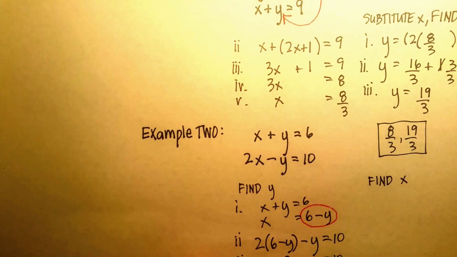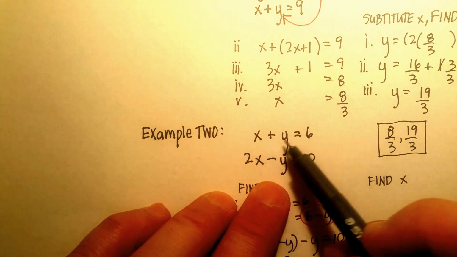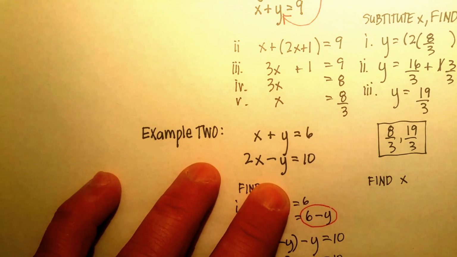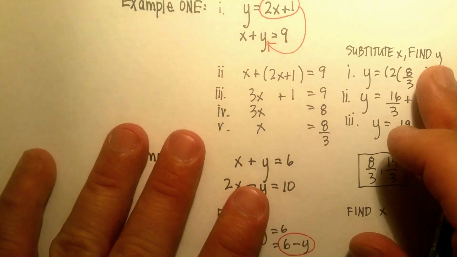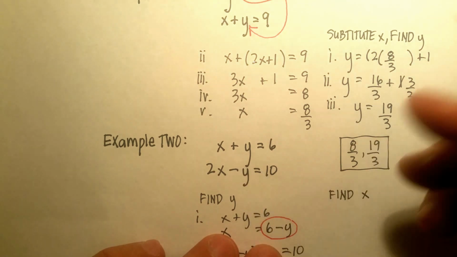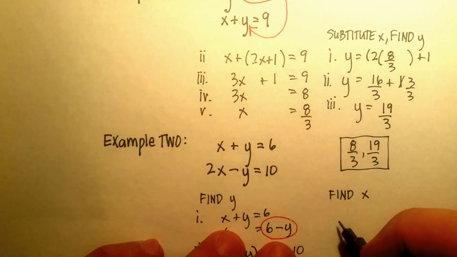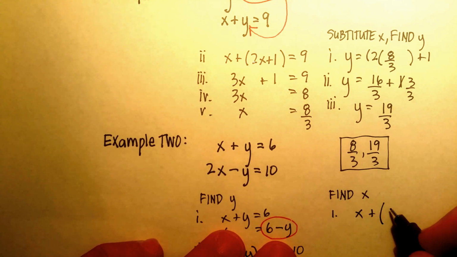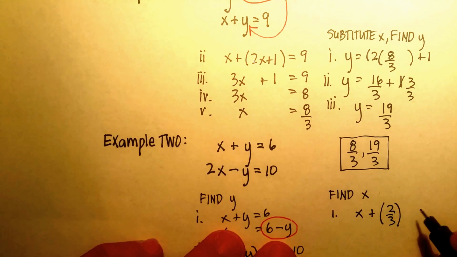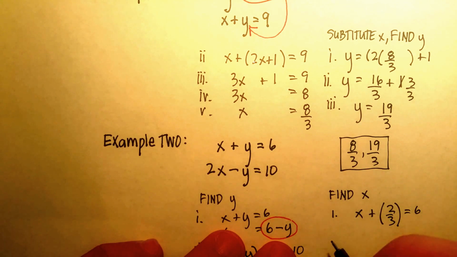Now, just like we did up here, let's find x now. Okay? So wherever I see y, I'm going to put in the 2/3 that I got down here. And again, it can go either way, right? Either one of those should be able to work. So let's just say x plus 2/3 is equal to 6.